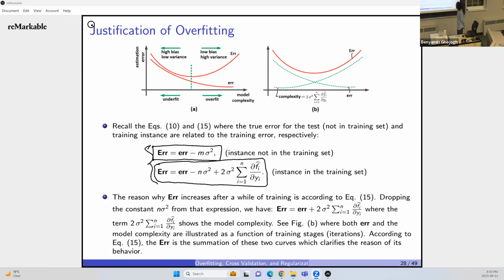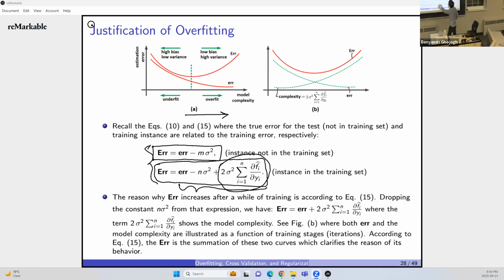Then what happens? The more we go to this side, the more complex we become. The more this term becomes, the larger this term becomes. Then what happens? It says the difference of true error and training error gets bigger and bigger.